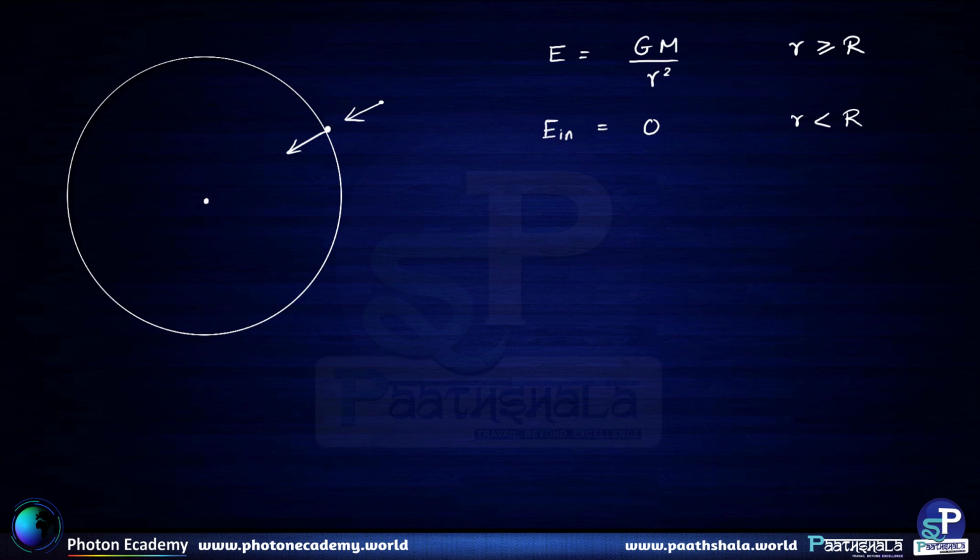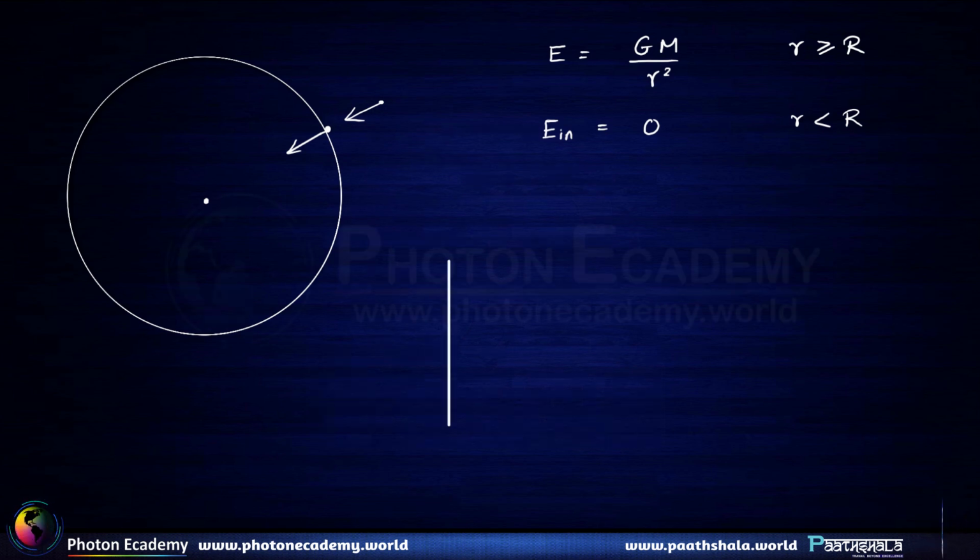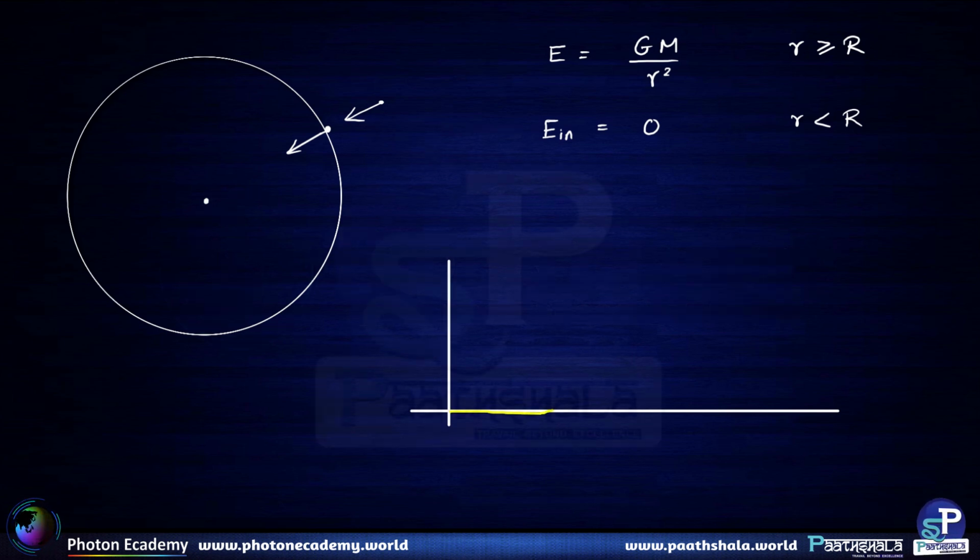So if we do happen to draw a graph, this is the y-axis, this is the x-axis. In the interior portion, the gravitational field happens to be 0. So that means till you reach the radius R, the gravitational field is going to be 0.